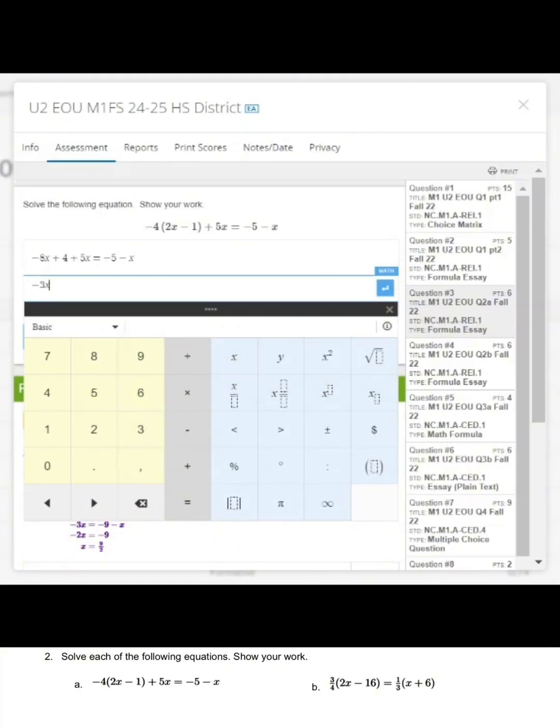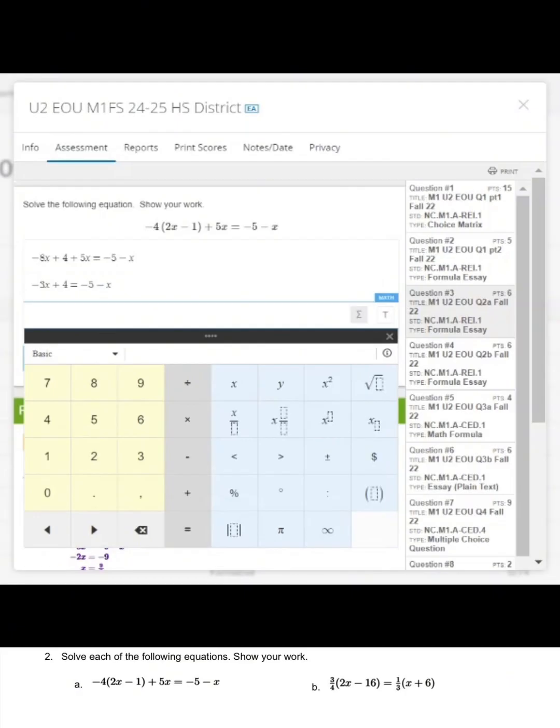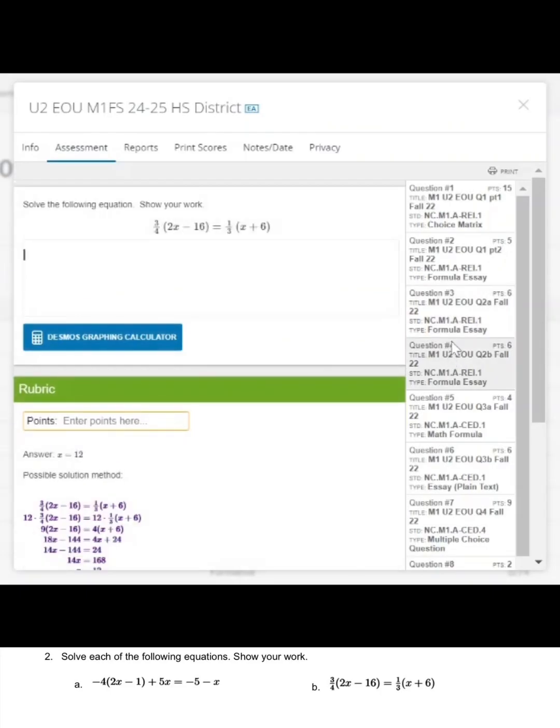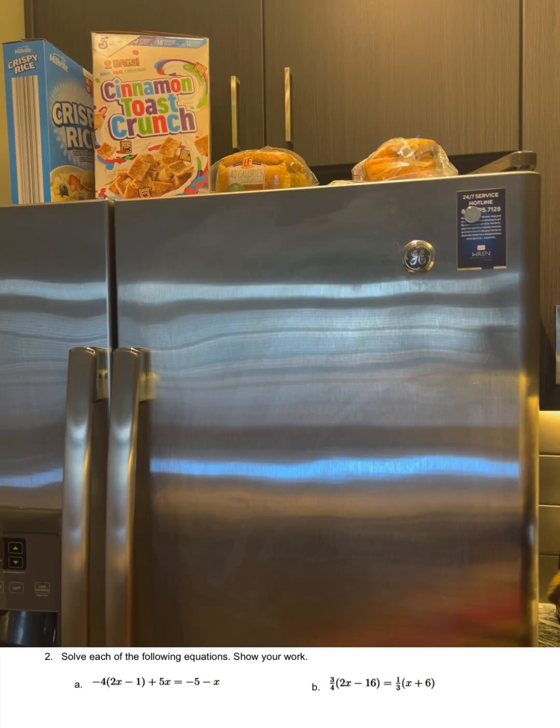So you don't type the moves, you just type in the steps. And then the next step, -3x plus 4 minus 5 equals -5 minus x. Bam, bam, bam, step by step, just like that. Okay, and same thing with that one.